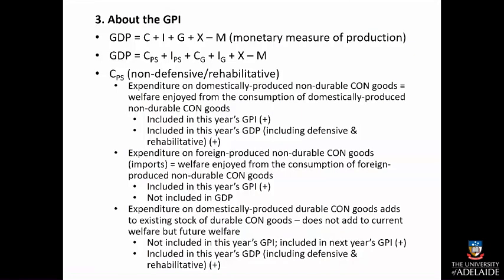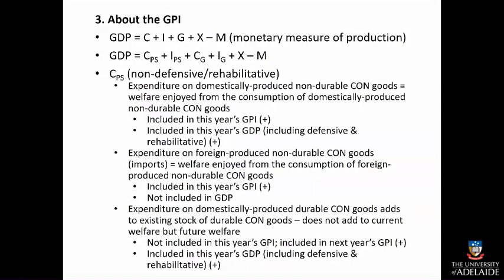Remember, GDP is a measure of production, so this M just represents components of this which are imported. Instead of subtracting it from each of these, you just lump all the imports together in order to calculate GDP. So imported goods, they're not produced domestically, they're not included in the GDP, but of course any imported non-durable consumption good that you purchase, you get enjoyment from it, as to your welfare. So it's included in the GPI but not in the GDP.